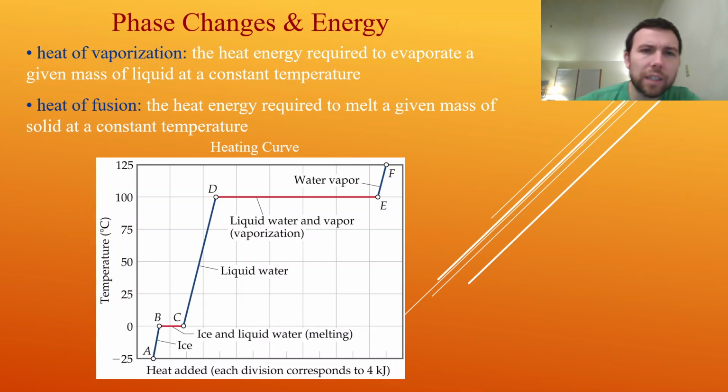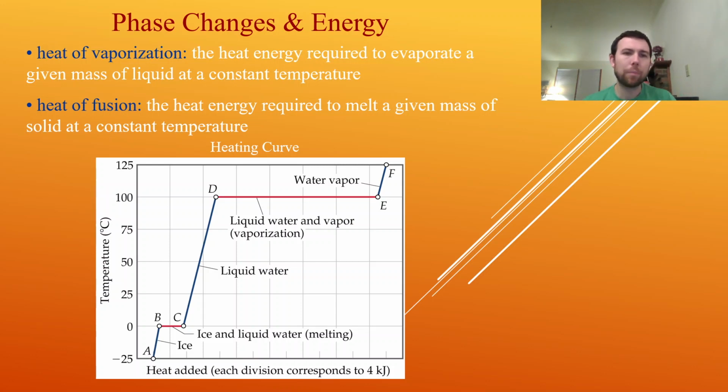Now, something that I want you to pay attention to is what's going on with the temperature at each of those sections. If you're looking at sections AB, CD, and EF, you should notice that as heat is being added, it's causing the temperature of our substance to also change.